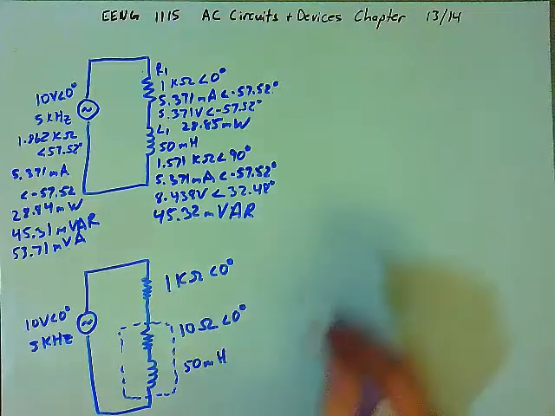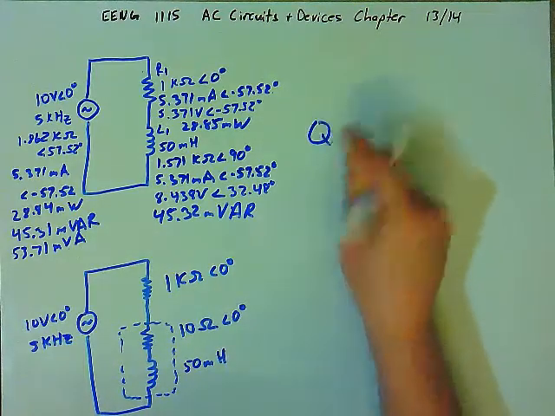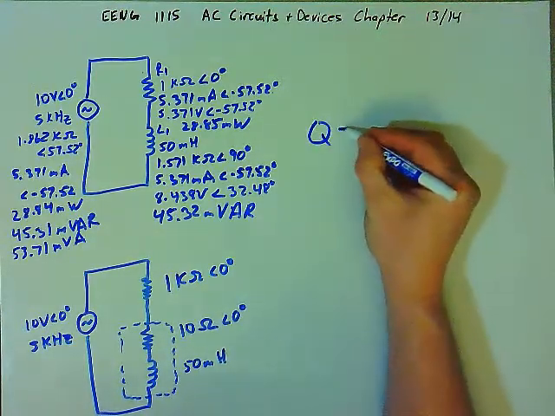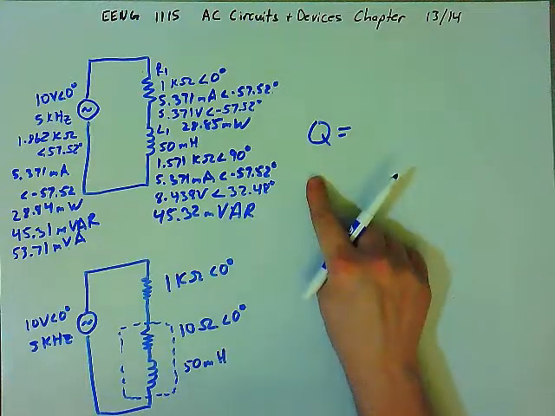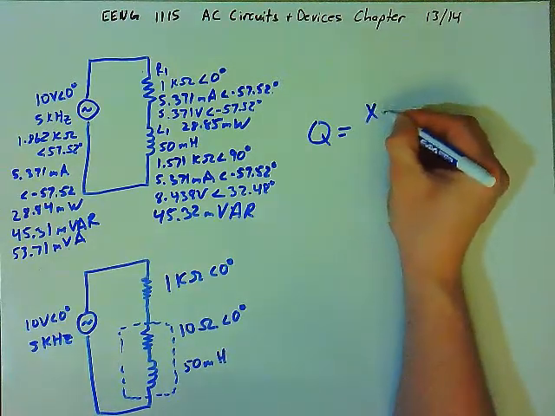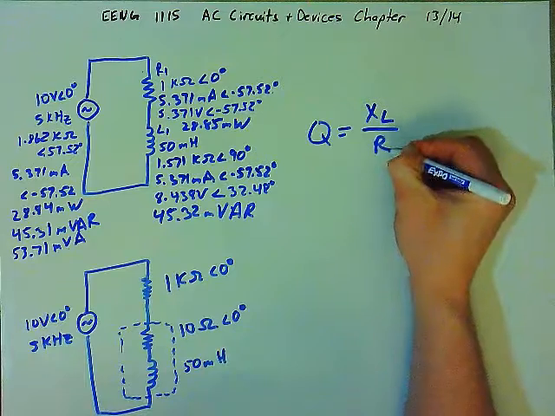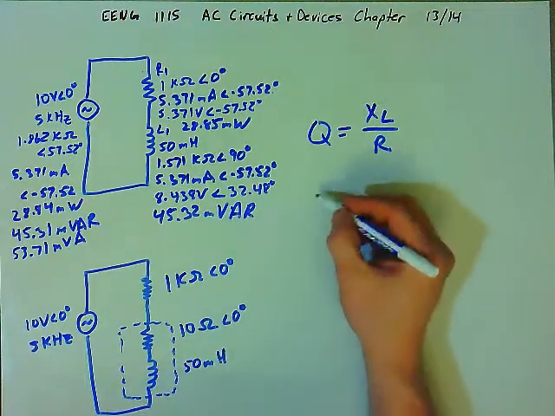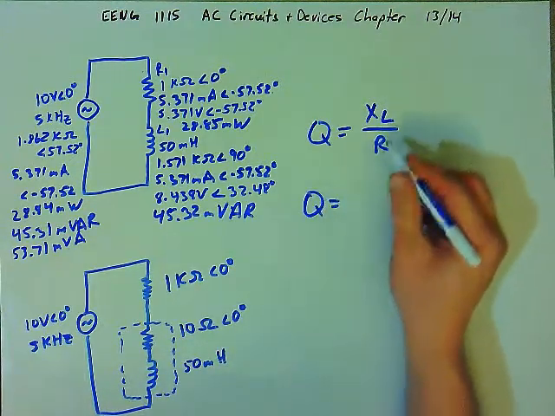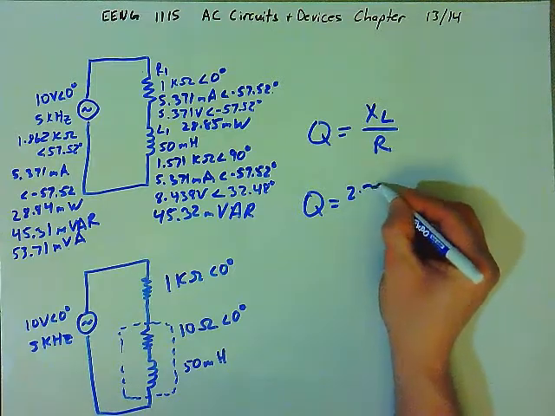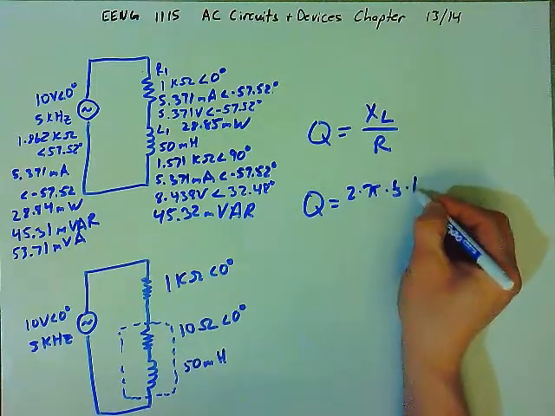And so the inductor has what we call a Q rating, which stands for quality. The quality of the inductor is described as the inductive reactance divided by the resistance. So for this example, Q will be the inductive reactance, which again is 2 times pi times the frequency times the inductance, right?